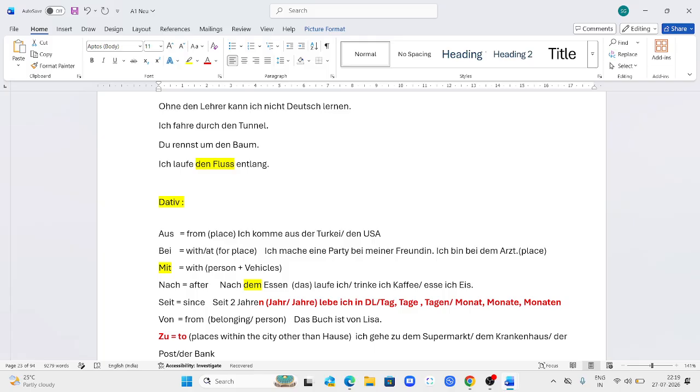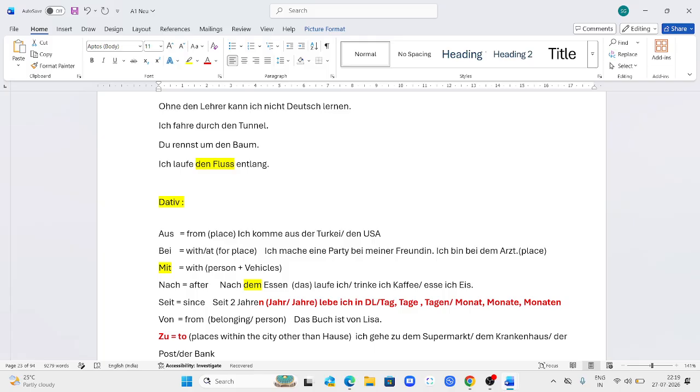Now let's learn dative. Again you have 7 to 8 prepositions which you have to learn. And the song goes like this: aus, bei, mit, nach, seit, von, zu.